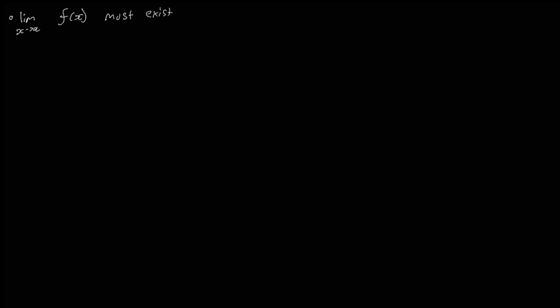What does that mean? It means that the limit as x approaches a from the left hand side of f of x must equal the limit as x approaches a from the right of f of x. The second criteria is f of a must be defined.